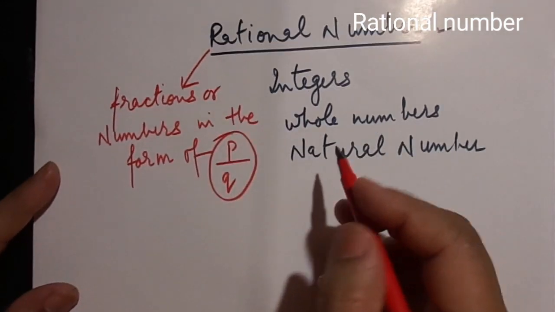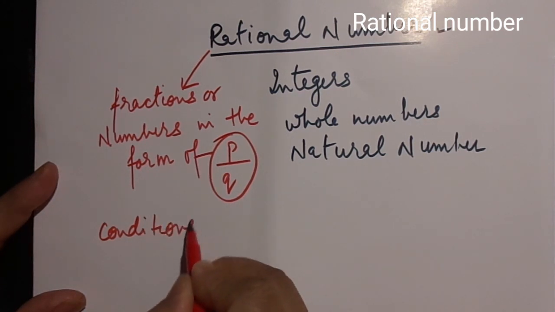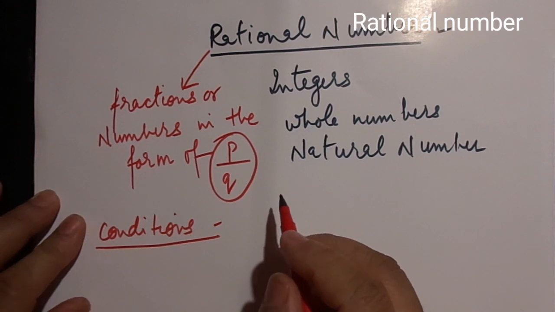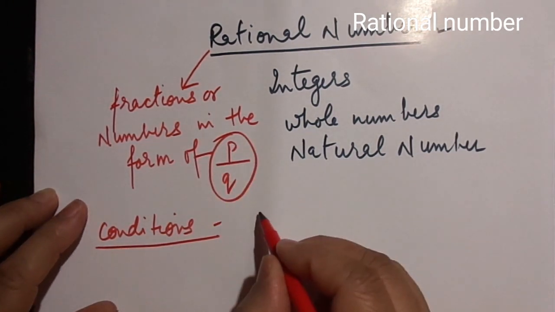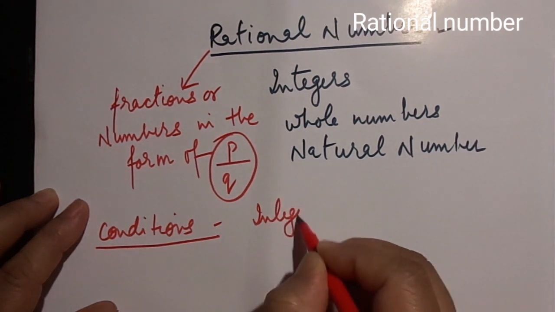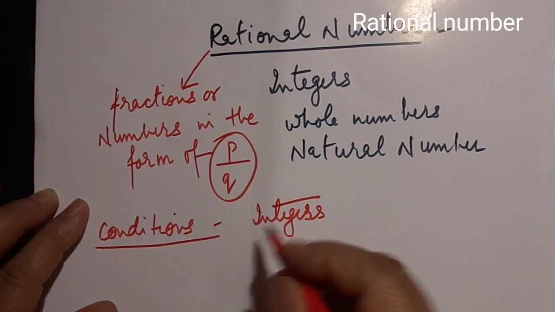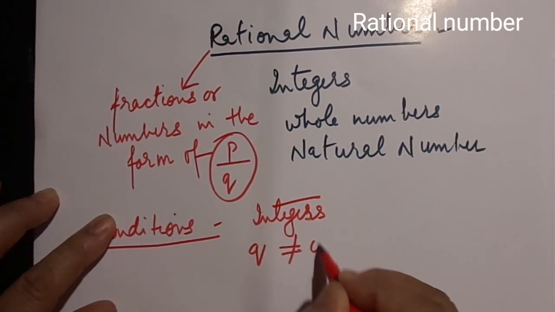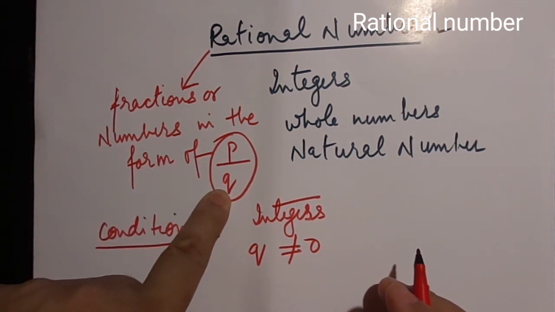Now there are certain conditions. The conditions are that the numbers should be integers, and secondly, q should not be equal to 0. q should not be equal to 0.